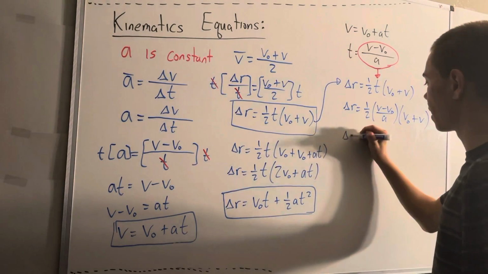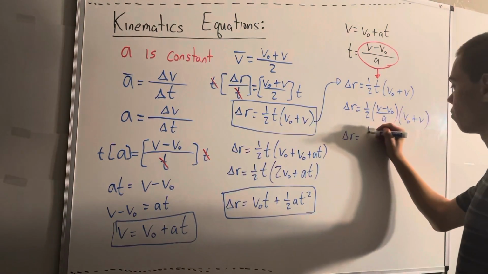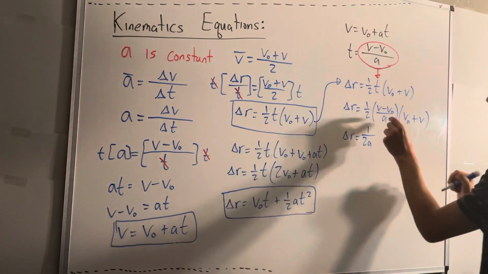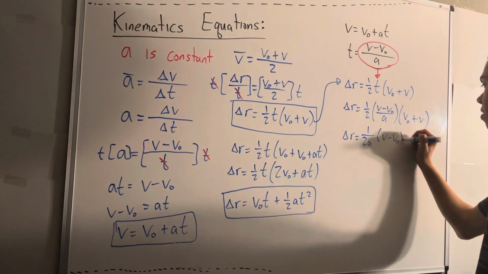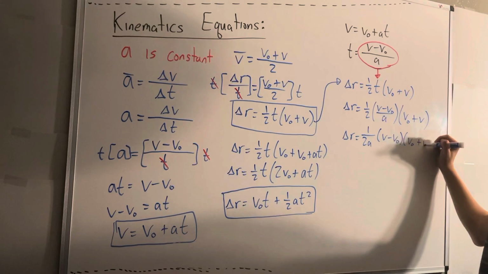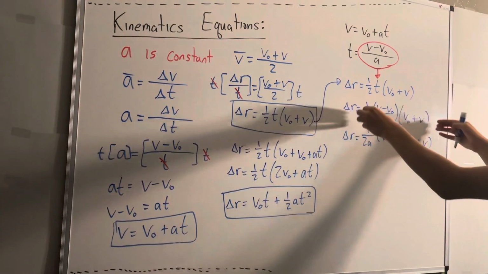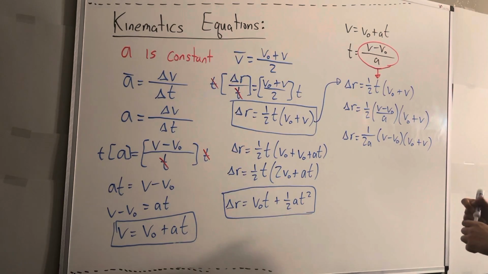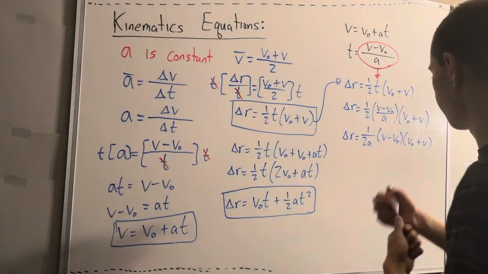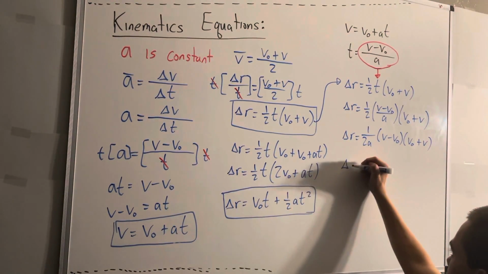And notice how we could actually rearrange this into 1 over 2a, pretty much just moving the a to the denominator, and then we have v minus v sub 0 times v sub 0 plus v. We can agree that this is equivalent to this. I'm going to rewrite it right here just because you probably can't see it.